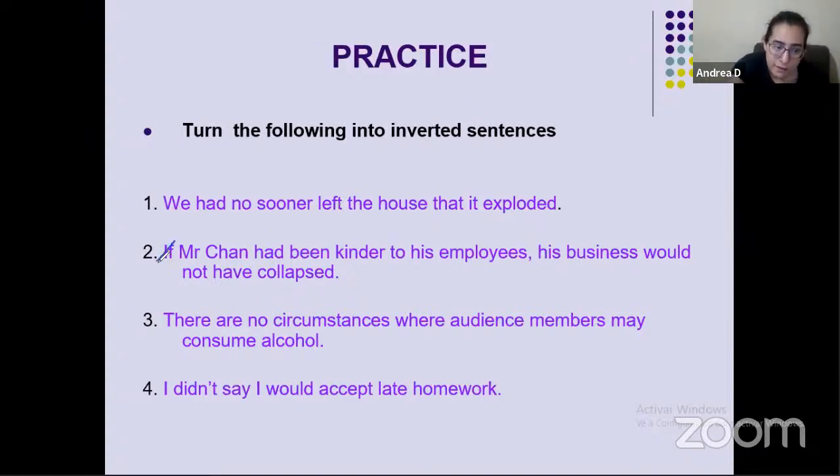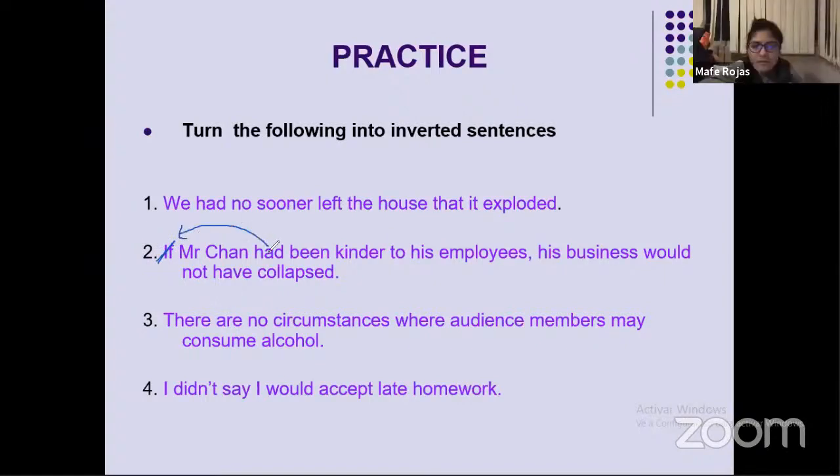You drop the if in a third conditional and you invert. So, had Mr. Chan been kinder to his employees, his business would not have collapsed. Good. That's it.